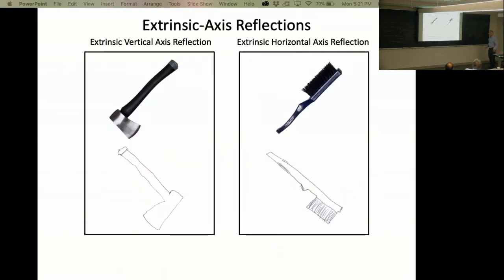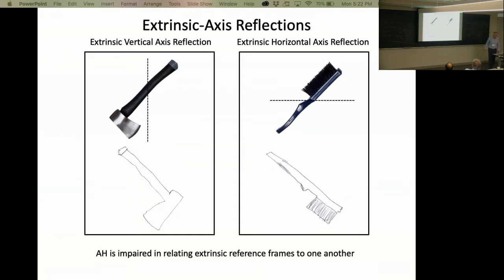But she also made lots of extrinsic axis reflections, which normal individuals don't do even in memory. So this is a reflection of the hatchet across the vertical axis, a reflection of the brush across the horizontal axis. And this suggests that she's impaired in relating extrinsic frames to one another.